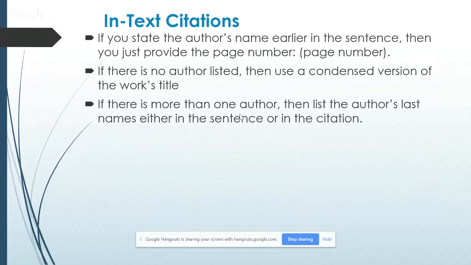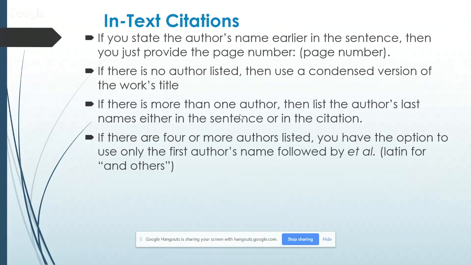All right. If there is more than one author, then list the authors' last names either in the sentence before, that way you don't have to have them in the citation, or in the citation. Okay. And here in just a moment, I'm going to show you 3 different ways to do that. If there are 4 or more authors listed, then you have the option to use only the first author's name followed by et al., which means and others.